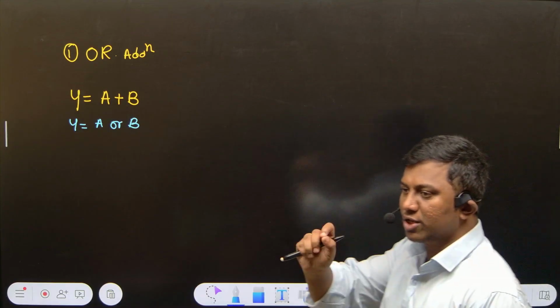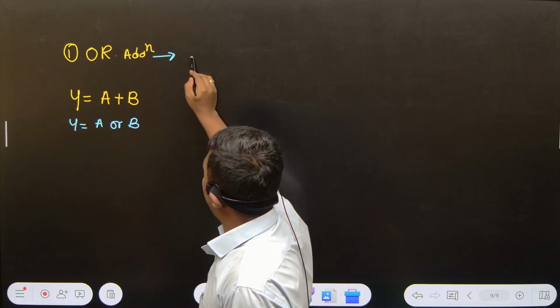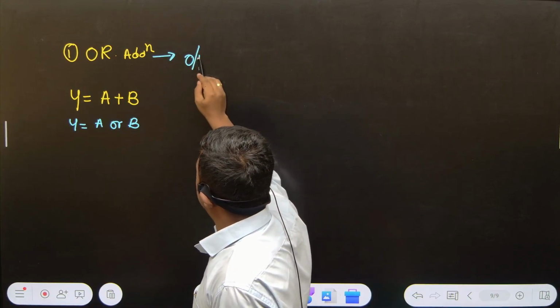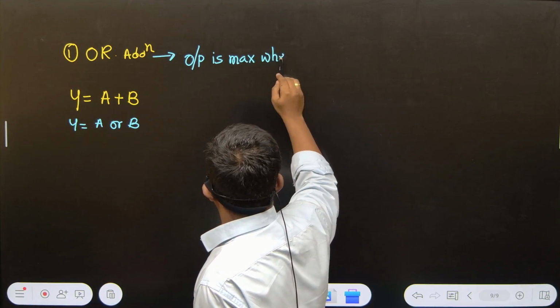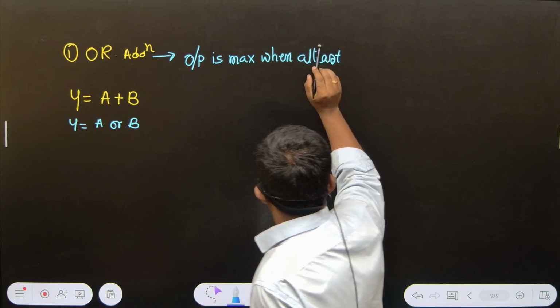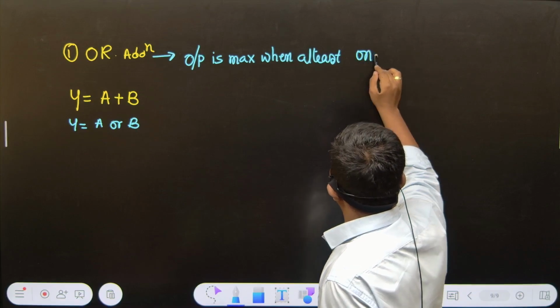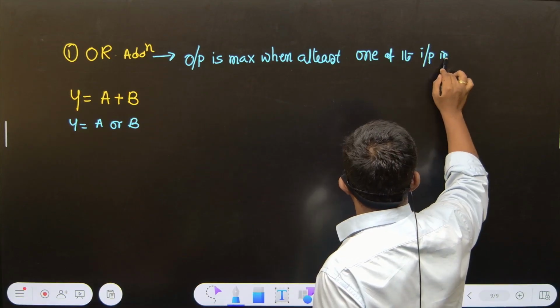At least one should be maximum. So OR addition, the output is maximum when at least one of the inputs is maximum.